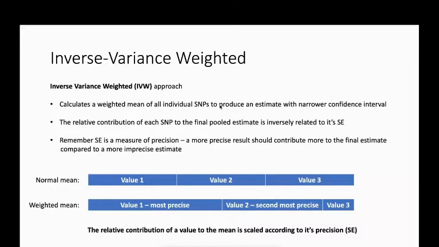Value 1 in this instance is the most precise, so it's given the most weight in contributing to the mean. Value 2 is the second most precise, so it's given slightly less weighting. And value 3 is the most imprecise, so it contributes only a small bit to the overall mean. In conclusion, the relative contribution of a value to the mean is scaled according to its precision.